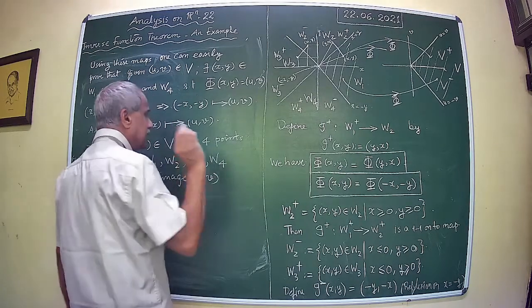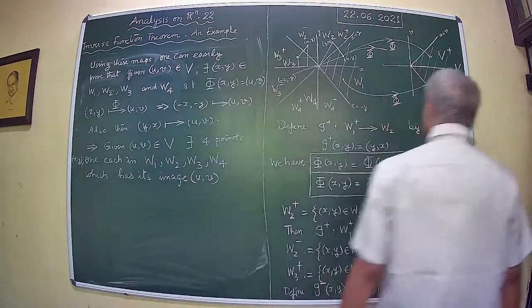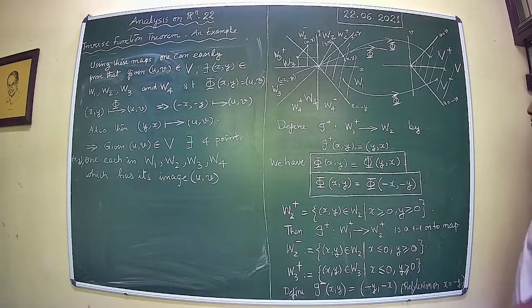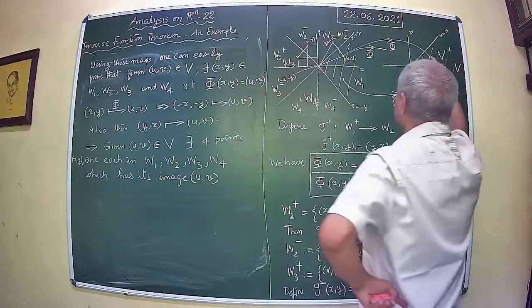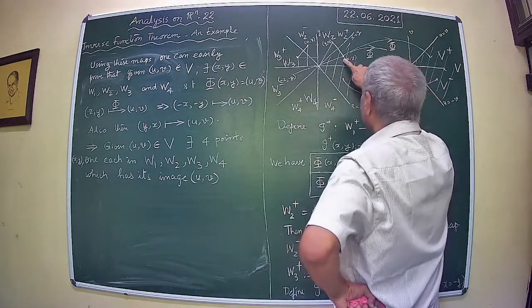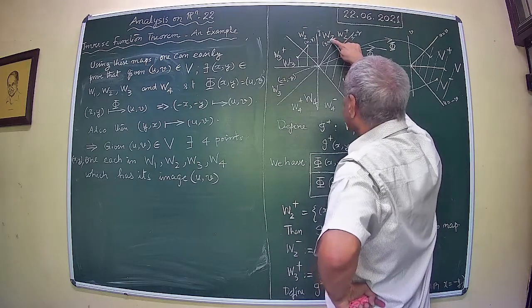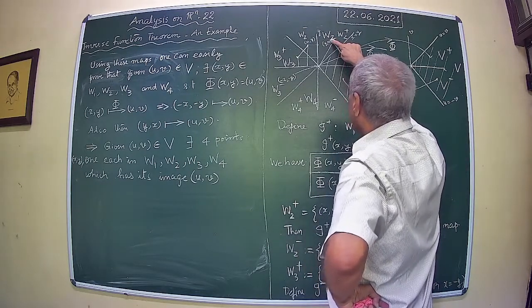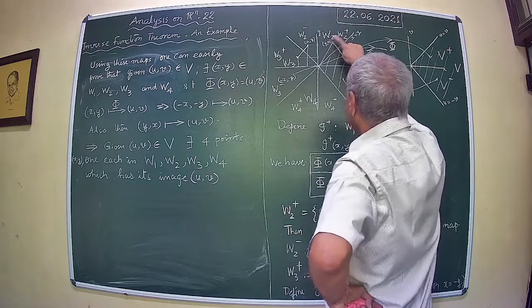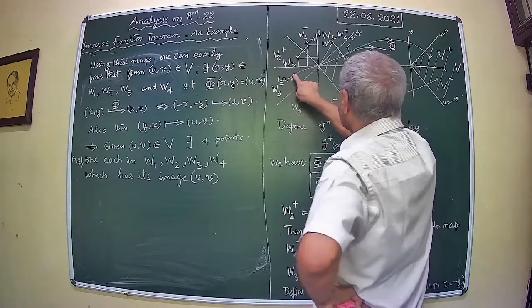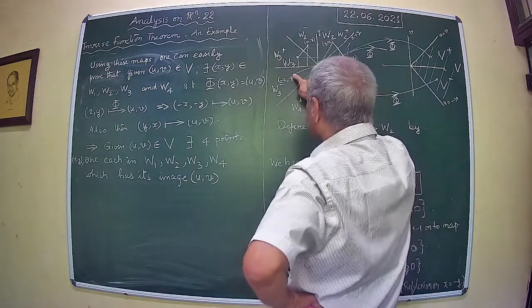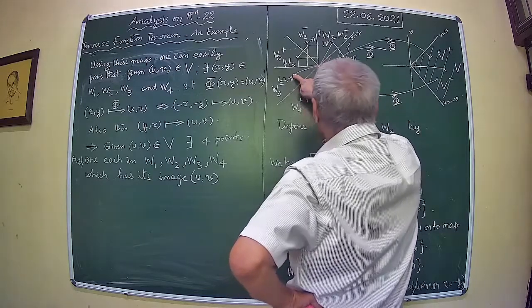That's quite easy to prove, because you see that if UV is here, XY is here, then YX is here. Okay, so in W2 there is an element, and then minus X minus Y is here, which also gets mapped to the same thing.